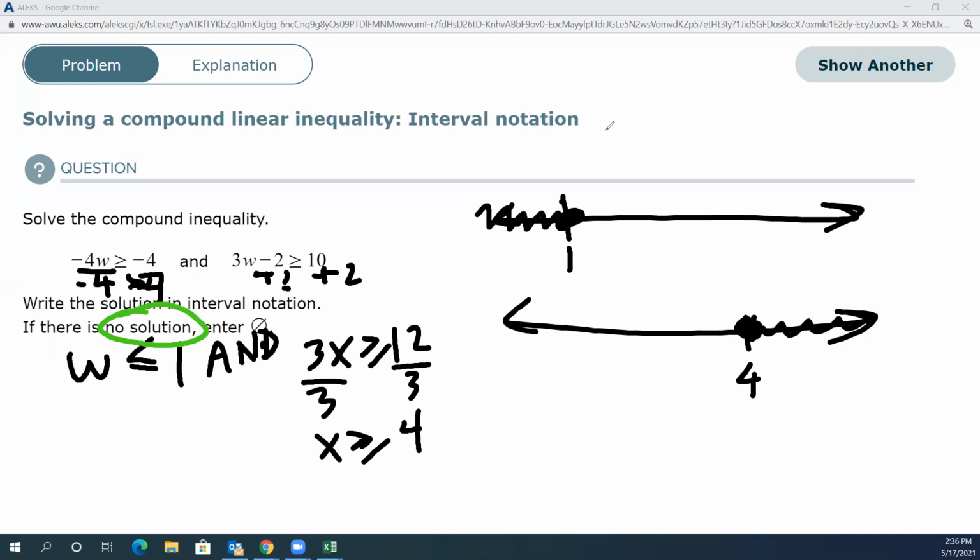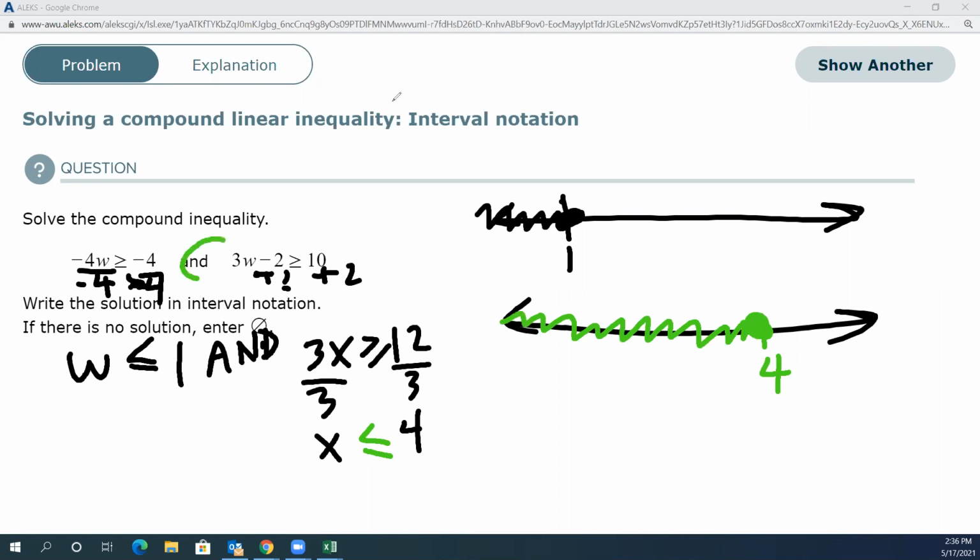Now, what if, just because it's fun to say what if, it had been less than or equal right there? How would that have played out? We would have had a shaded circle because of the or equal, and less than means shade where numbers get smaller, to the left.